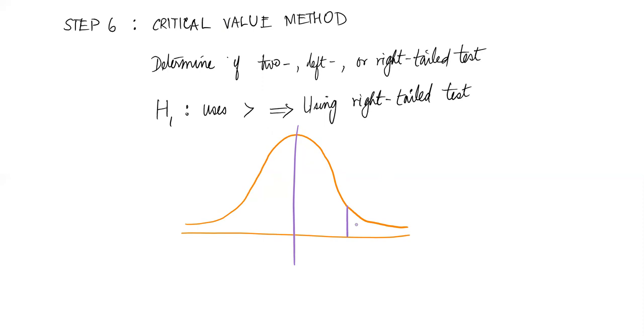Alpha is how you determine the region. So alpha is 0.05. So you're shading the 0.05 area. What is different from the critical value we learned in the confidence interval lesson was that there it was Z alpha over 2.